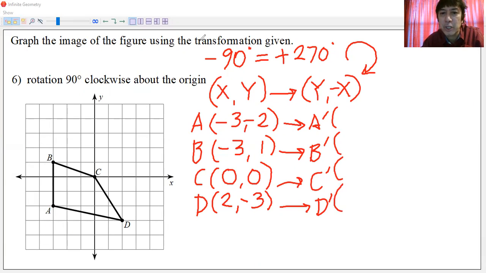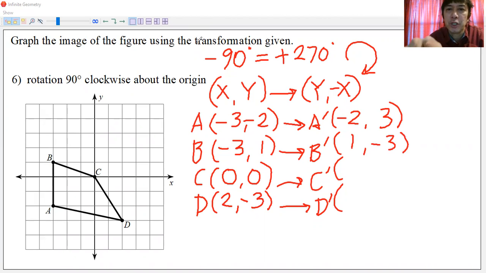So we simply interchange the numbers and then change the sign occupying the y column, okay? So this will become -2, -3, that's the swap. And then that -3 is supposed to change in sign. So this will become like that. Next, B will become B prime, and this will become 1, and this is -3. Again, the values in the y position will change in sign.